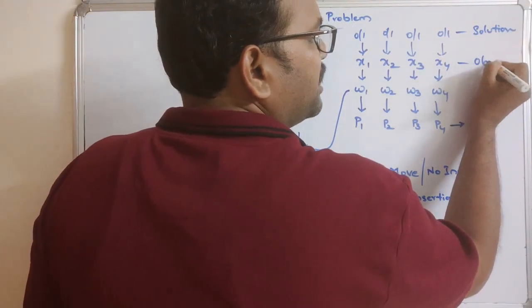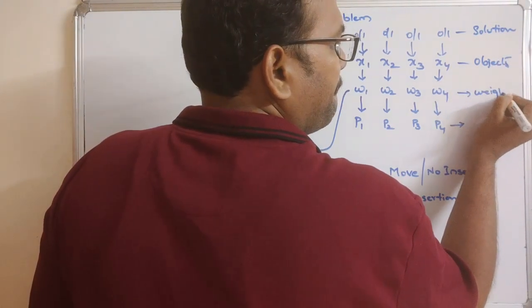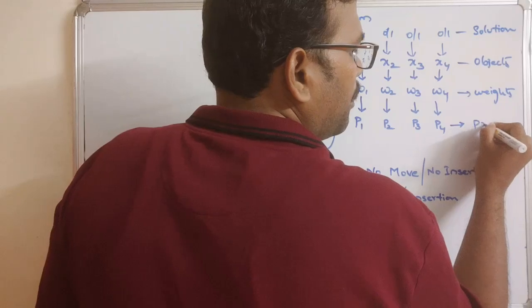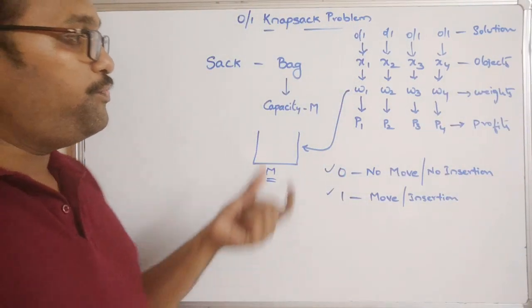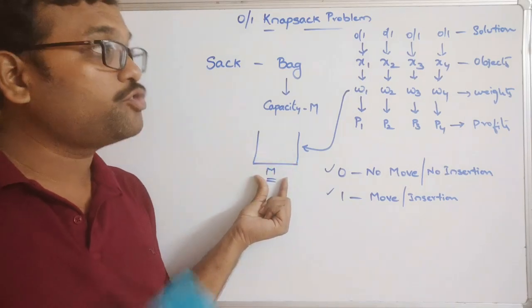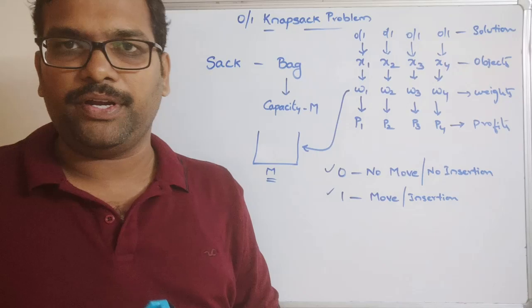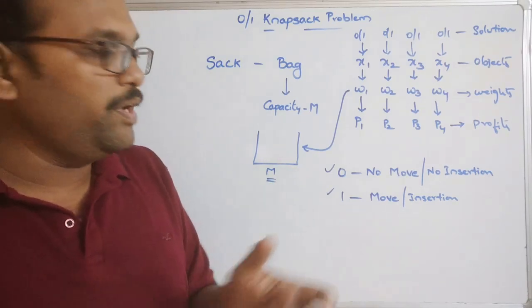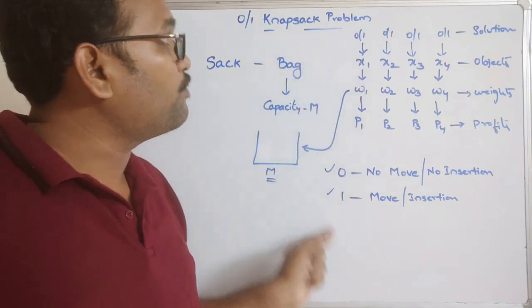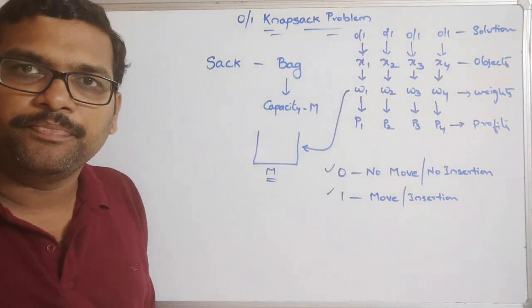These are objects, these are weights, and these are profits. Okay, so we need to fill the objects into this bag so that we get the highest profit. And for that, moving or not moving is represented with 0 or 1. So that's why we call it a knapsack problem.